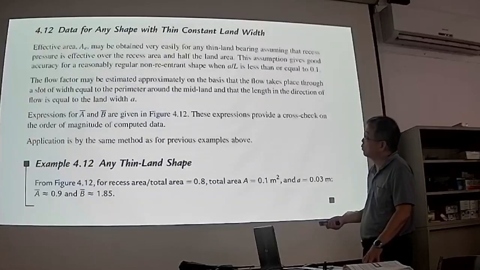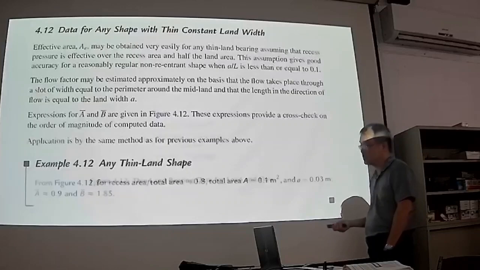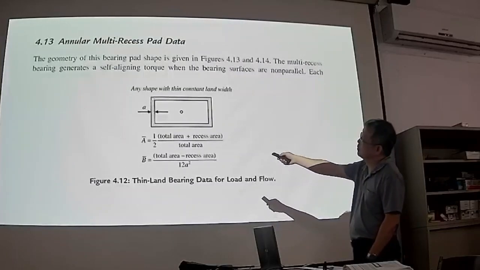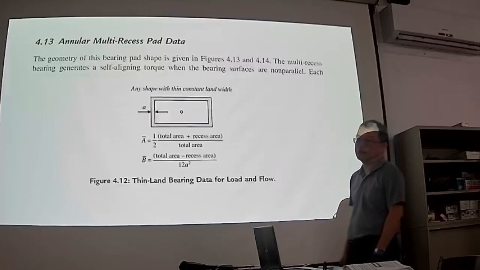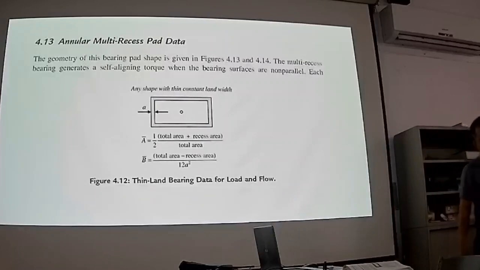And another one is a very special case, for any shape with a constant length-width ratio. That means the length-width ratio is very small for the hydrostatic bearing. In this case, the friction power is less, but the volume flow rate will be a lot more compared to a regular length-width ratio.